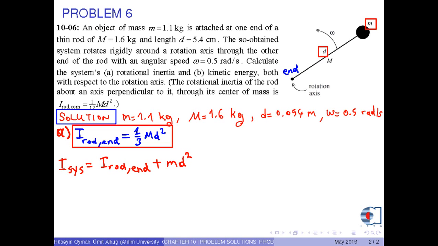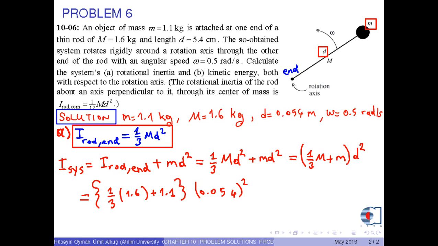Now we put the value of I rod end into this equation, and after rearranging this formula we obtain 1 over 3 times capital M plus small m, times d squared. As the final step, we put the numerical values into this equation as follows. And if you calculate, you obtain this result.